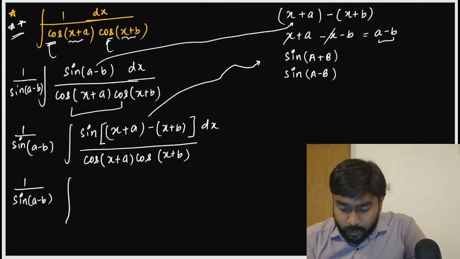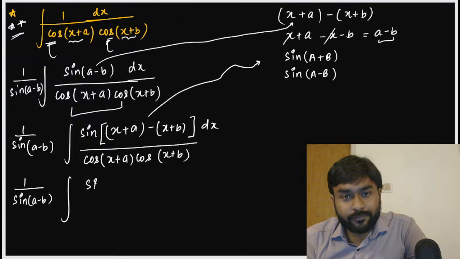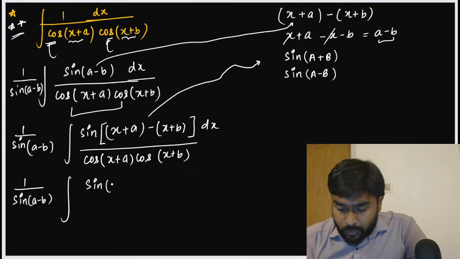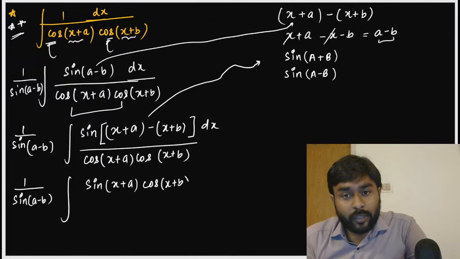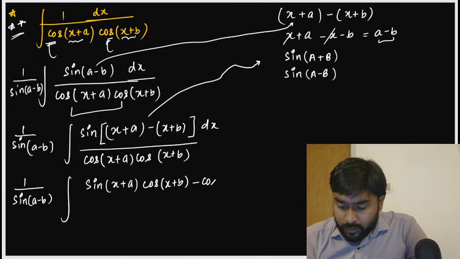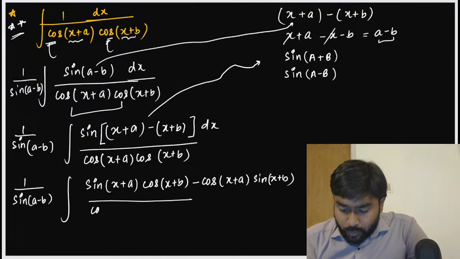And then here the formula is saying sin a cos b. So sin x plus a cos x plus b, then minus cos x plus a into sin x plus b, divided by this whole term cos x plus a cos x plus b.